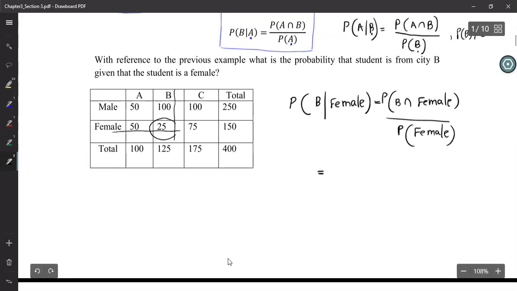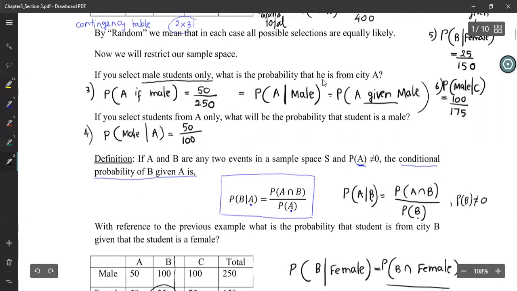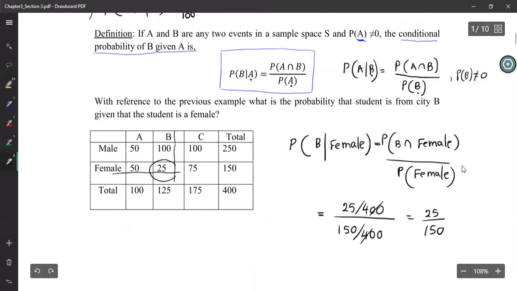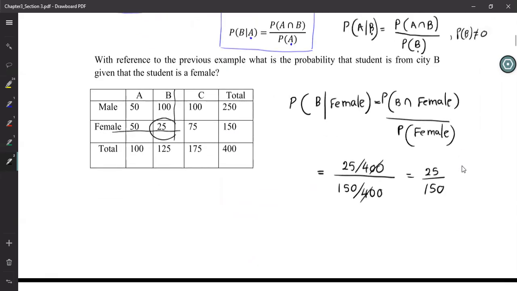Where they intersect is 25 out of 400, divided by female, which is 150 out of 400. The common denominator 400 cancels out, so you end up with 25 over 150. We have the same answer as before.